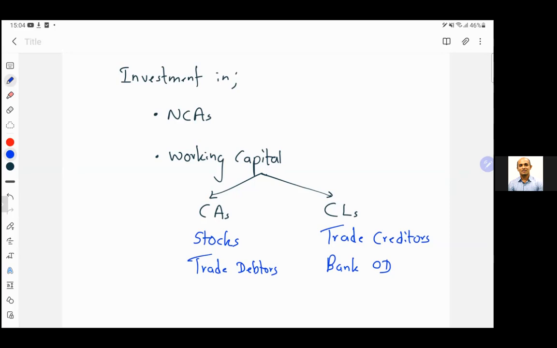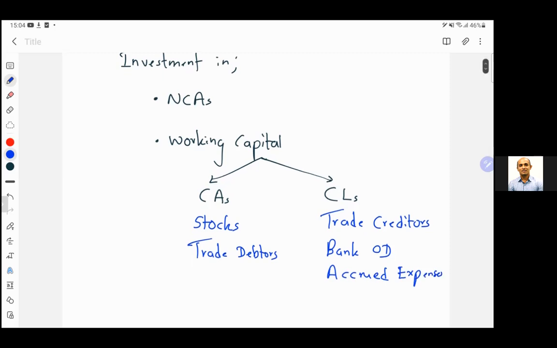Then what happens is accrued expenses. Once you receive cash from debtors, you can pay accrued expenses, and what remains goes to the cash balance.